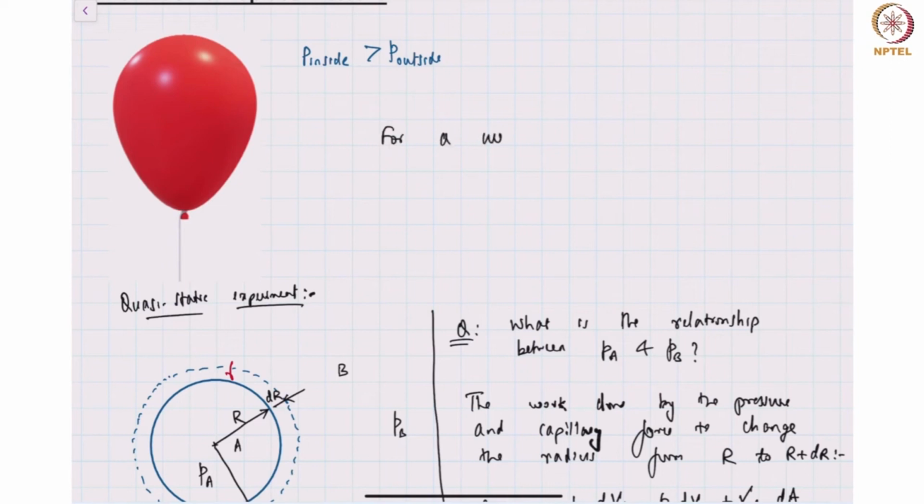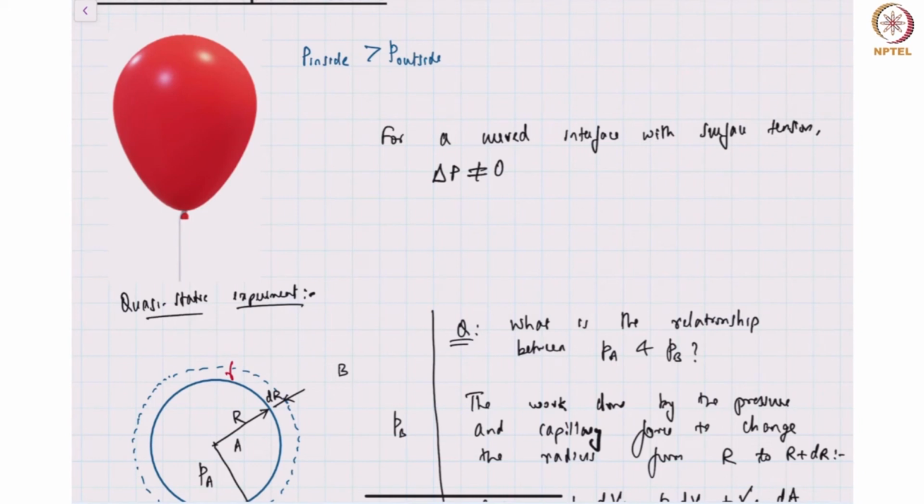For a curved interface with surface tension, delta P, where delta P is the jump across the interface, is not equal to 0.